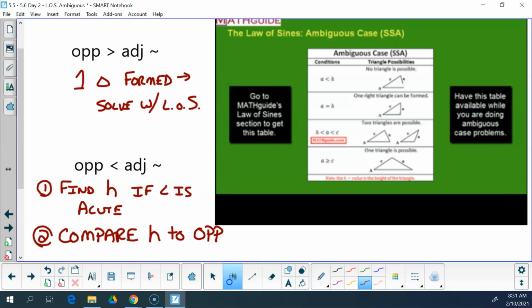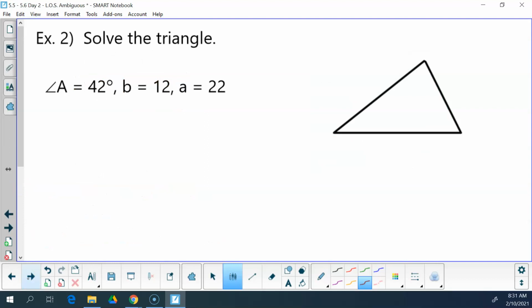Now that I've completely and utterly confused you, let's walk through a couple of these type of problems. All right, here we go. So, first thing, I would draw yourself a picture of a triangle. Okay? Just a regular old triangle. Doesn't even matter what it looks like.